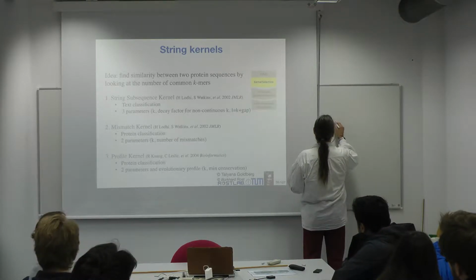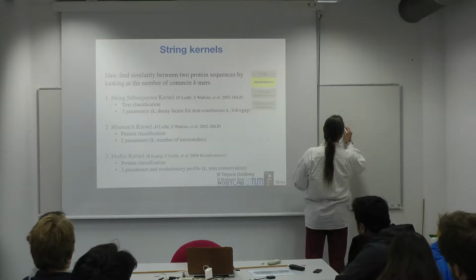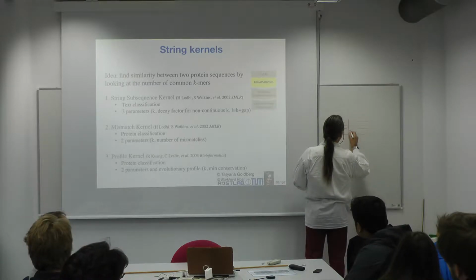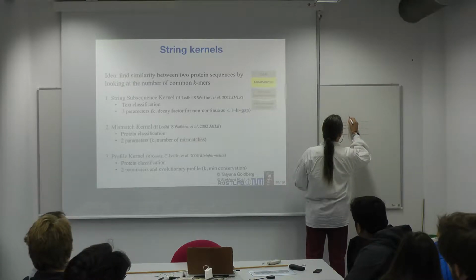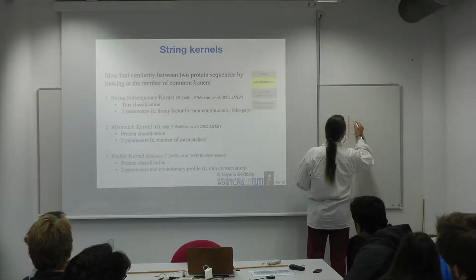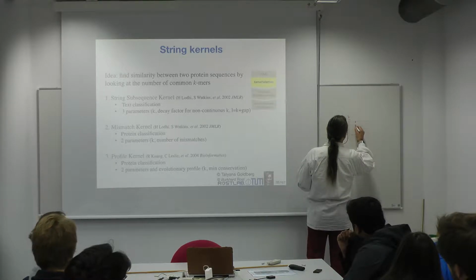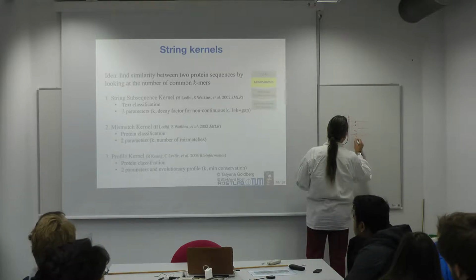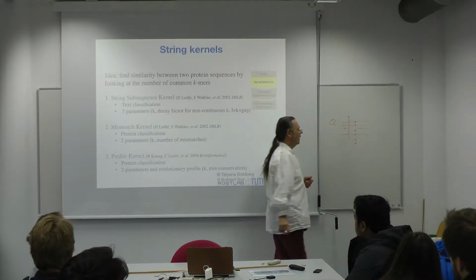So I have my query protein that is aligned to many other proteins. And maybe here is a position where they all have an H. And maybe here's a position where this one has an A, this one has an A, well, this one doesn't have any, this one has a C, C, G, or something.